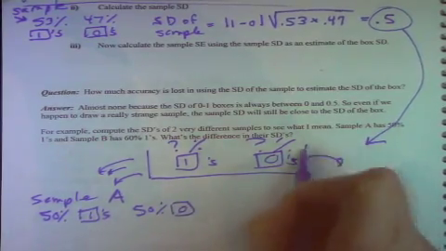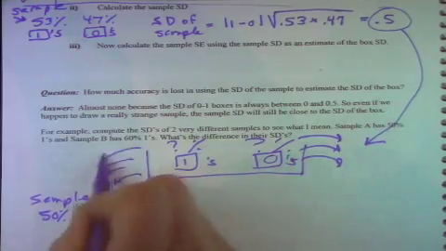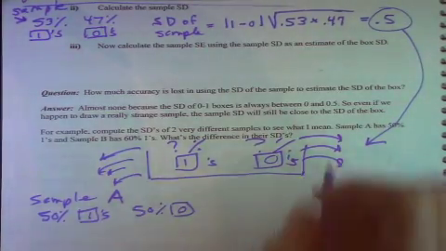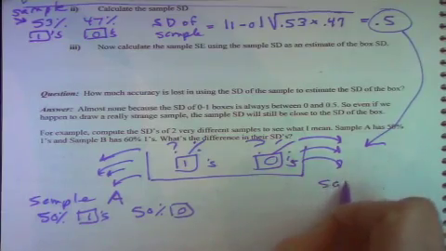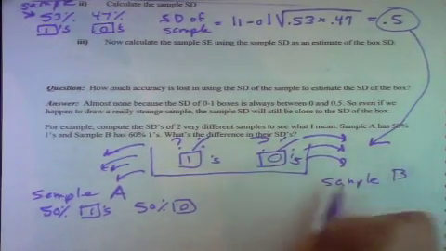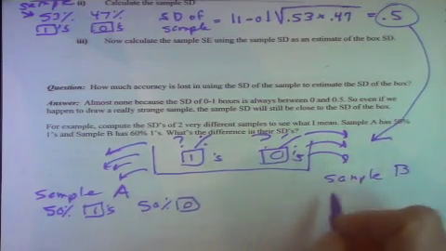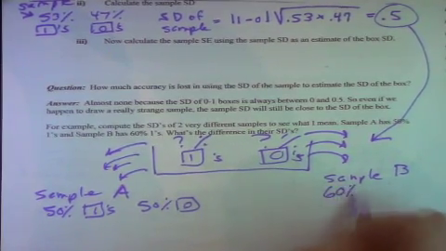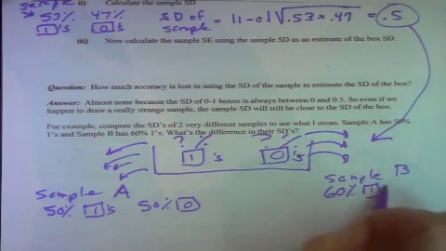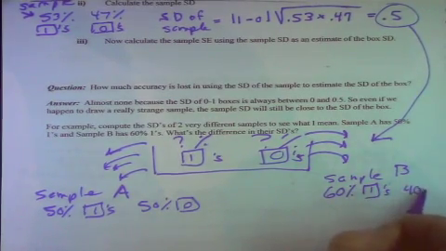This will really help you actually, so pay attention because you're going to be using this all the time. And sample B, we get something very different: 60%, let's say, 1s and 40% 0s.